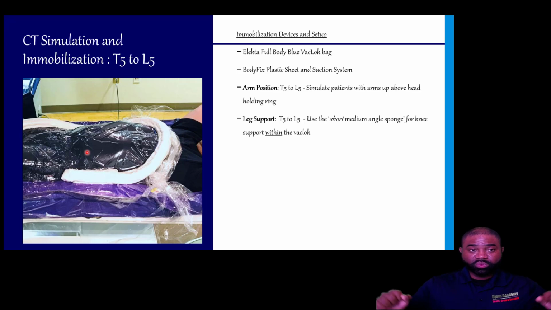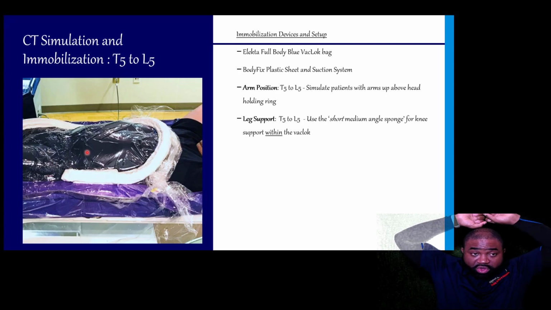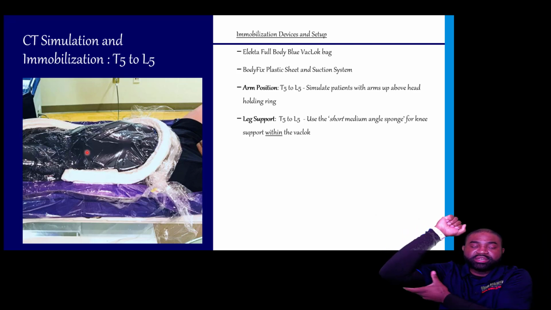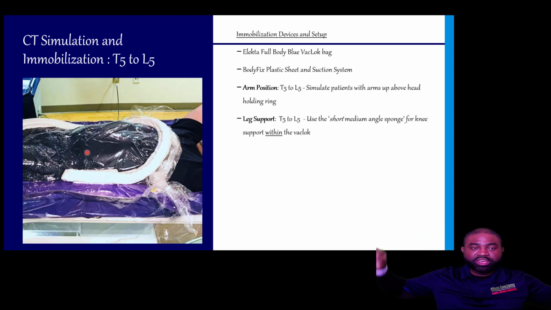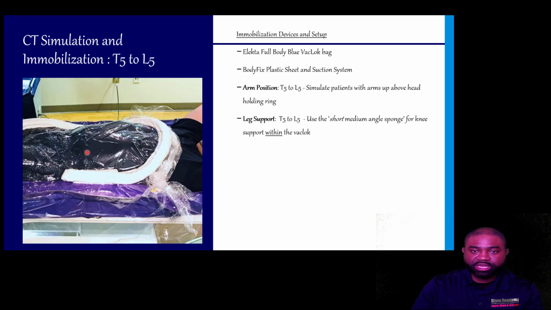And if it's possible, when we are treating a vertebra between T5 and L5, we simulate the patients with the hands above the head holding the ring. Typically, we want to take the hands or the arms away from the irradiation beam. If we simulate the patient with the arms running by the side, depending on how we plan the patient, we're going to irradiate the arms, and that itself will introduce dosimetric errors in the calculation of the dose delivered to the patient due to attenuation.